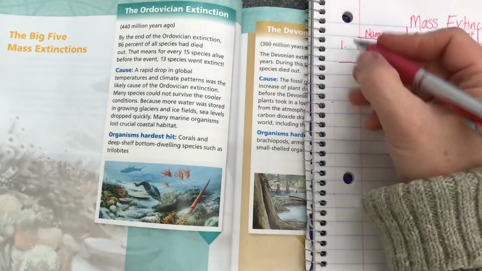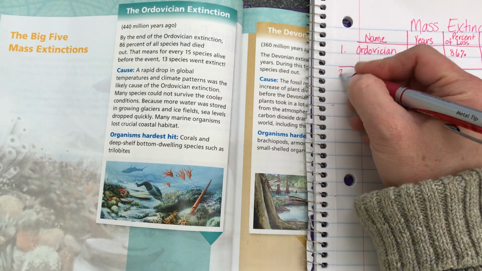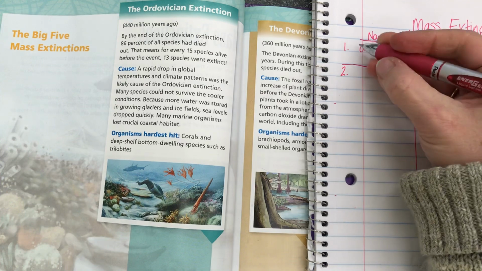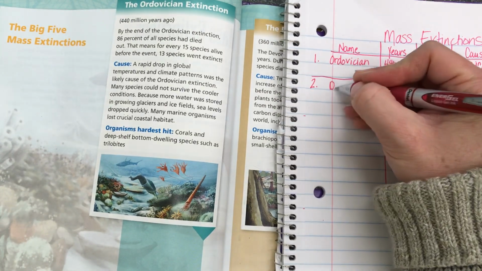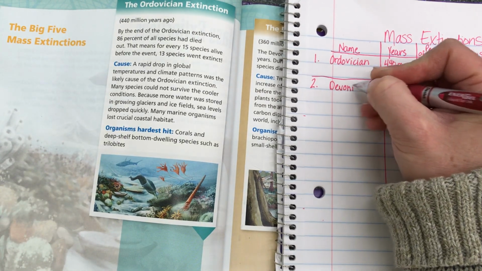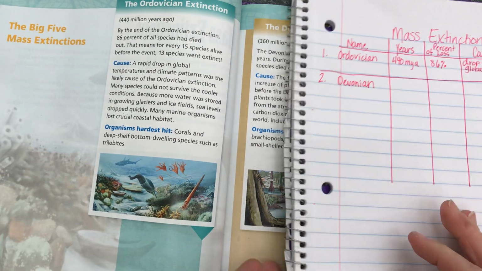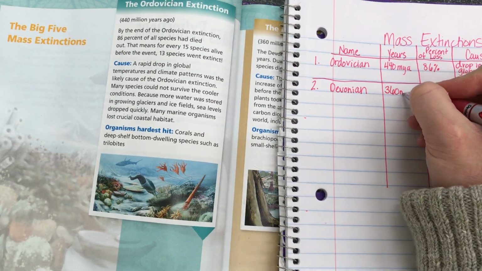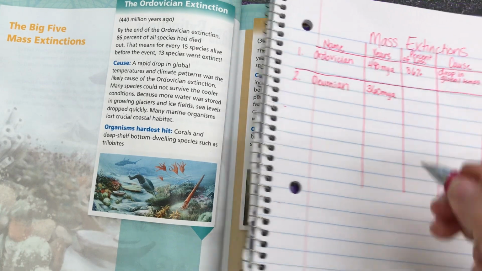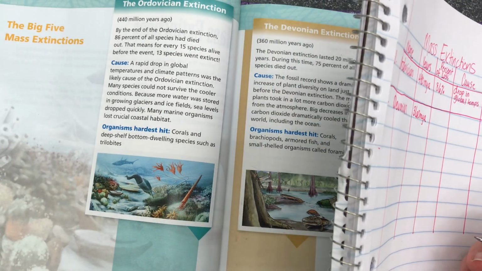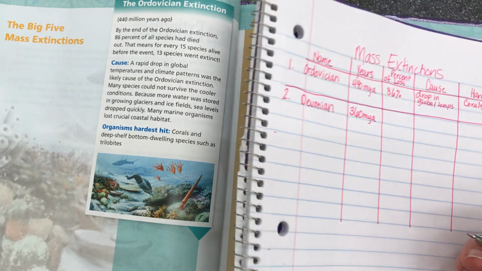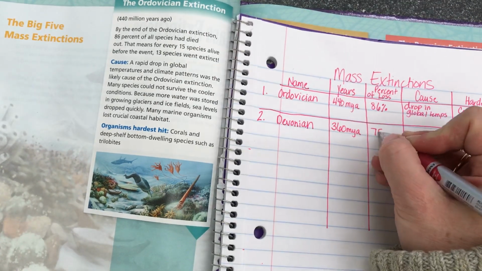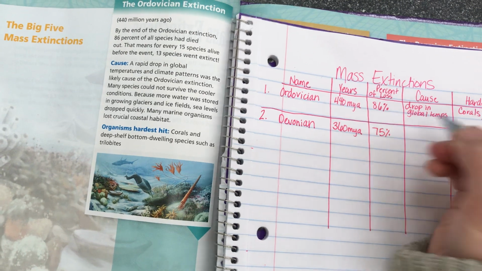Okay, so let's go ahead and take a look at this one. We're going to go ahead and add that this was the Devonian extinction, and that it happened 360 MYA. And this one lasted, we lost 75% of all species.